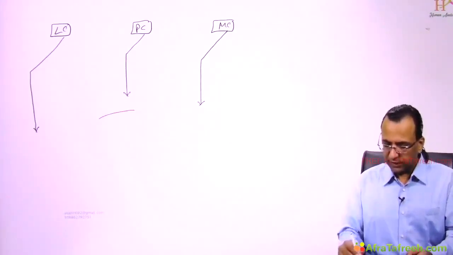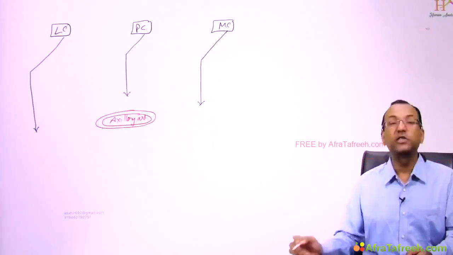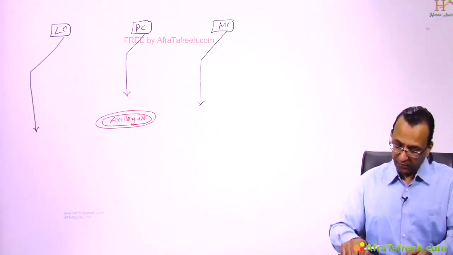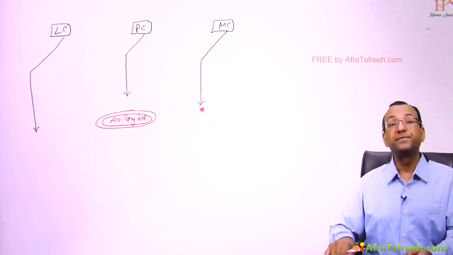This is the axillary artery in the axilla, and it decides the name of the cords, whether the cord is lateral to the artery, behind the artery, or medial to the artery.